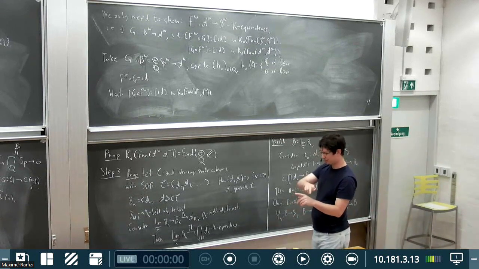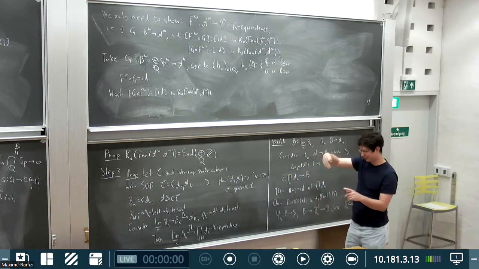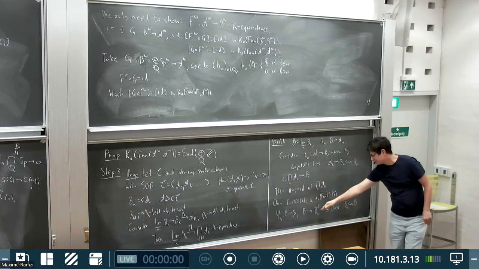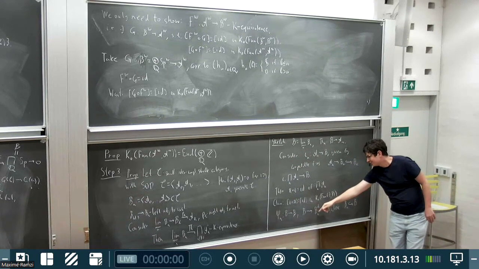So Bn is included into Bk for k greater or equal to n, and these inclusions are compatible with this projection. You have the same orthogonal projection, so this is just the right adjoint to the inclusion.